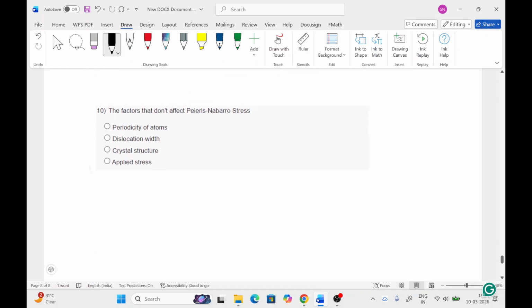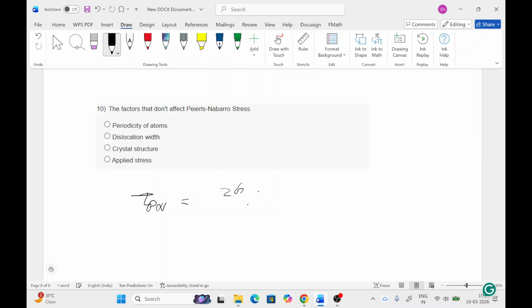Next question we have the factors that don't affect Peierls-Nabarro stress. So if we write the Peierls-Nabarro stress formula, this is 2G by 1 minus nu, and exponential of minus 2 pi w by b.